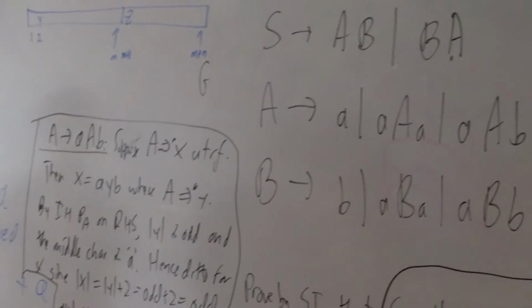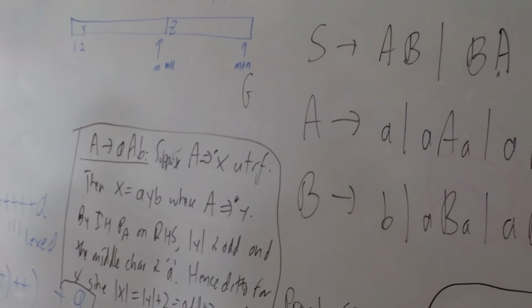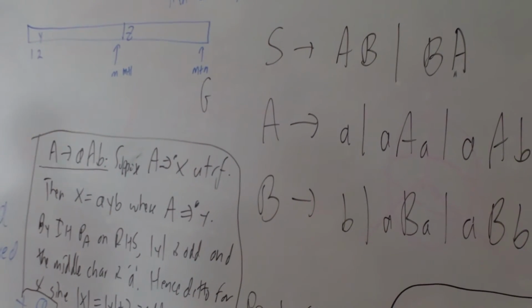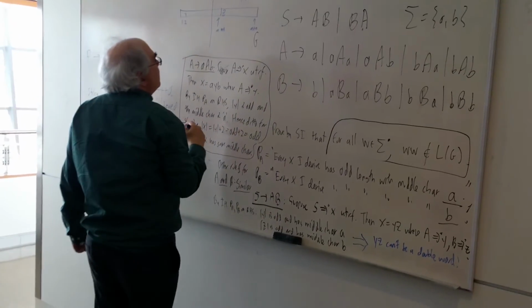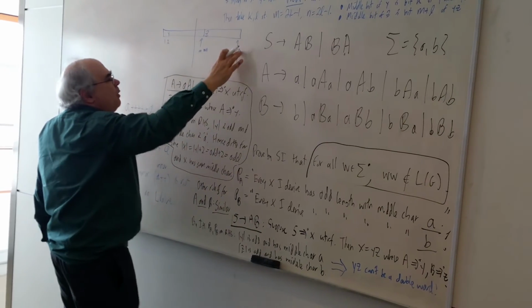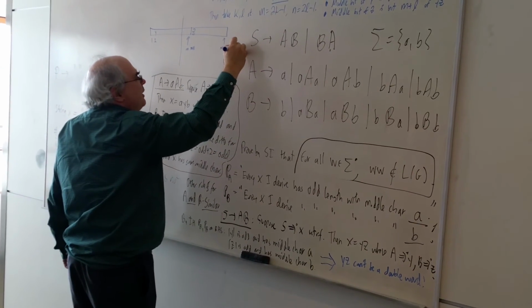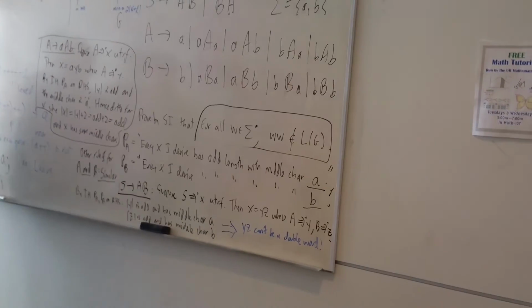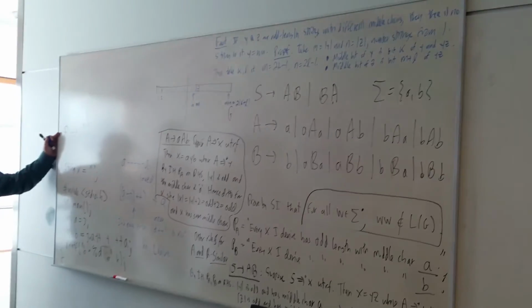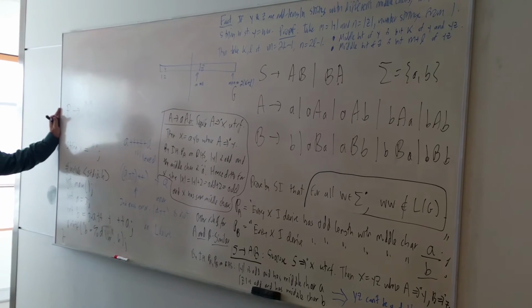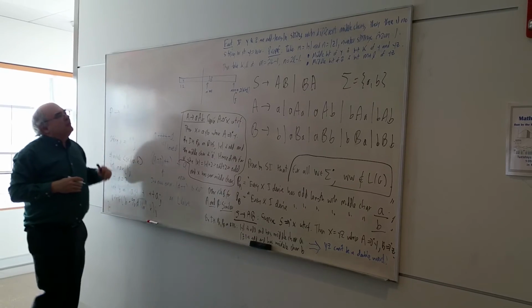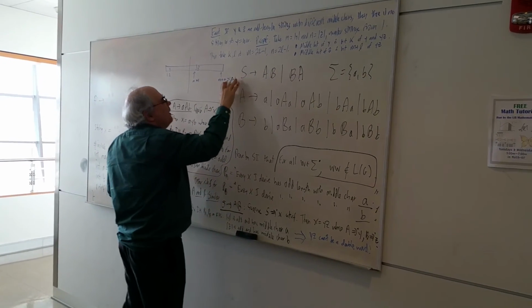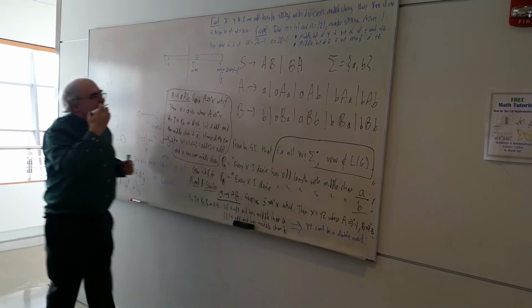Okay, now it becomes just an exercise in counting. So now the midpoint of this string here is going to be between M plus 1 and M plus N, which is 2K plus L minus 1.